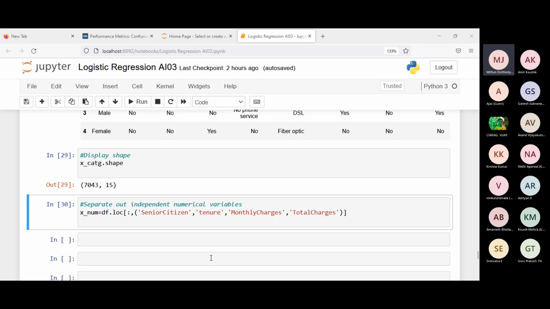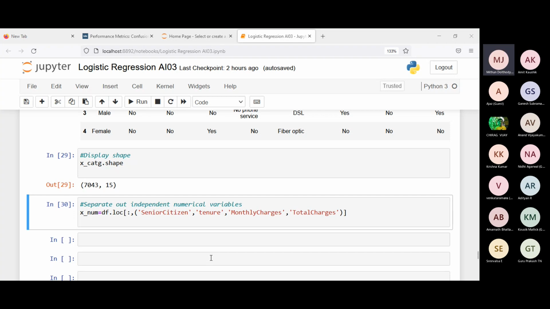And you're going to pass this X_category, correct? I've already created this X_category as an object, which has all the string variables like gender, partner, dependents, etc. So all these variables I'm passing to the get_dummies function.